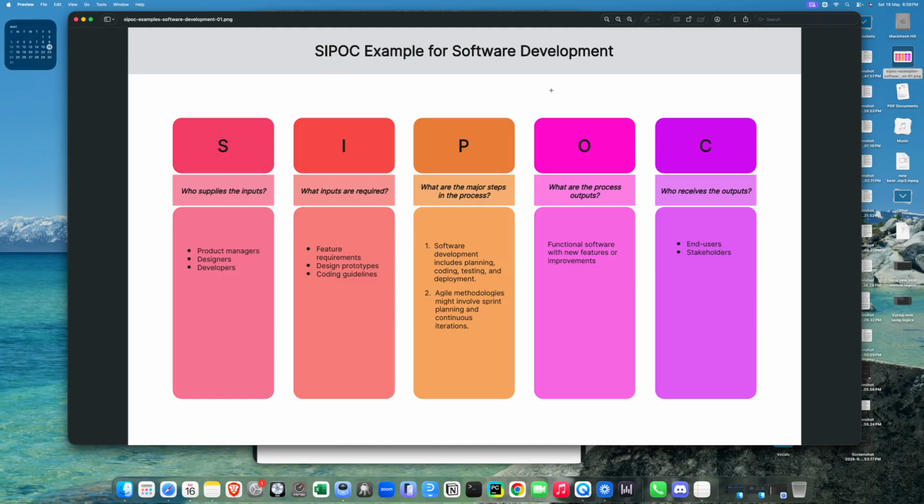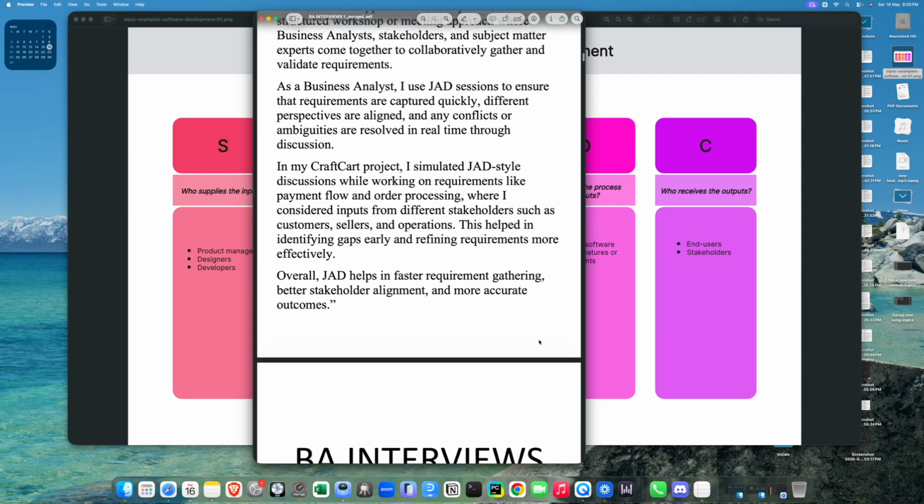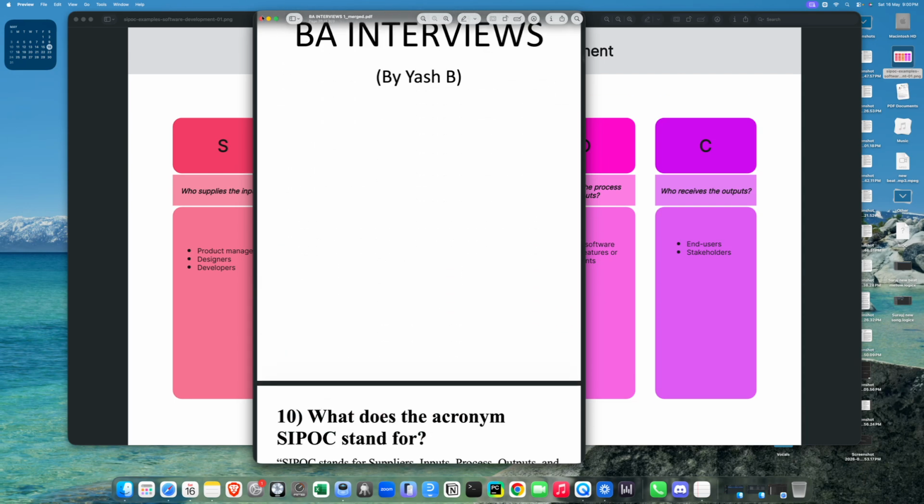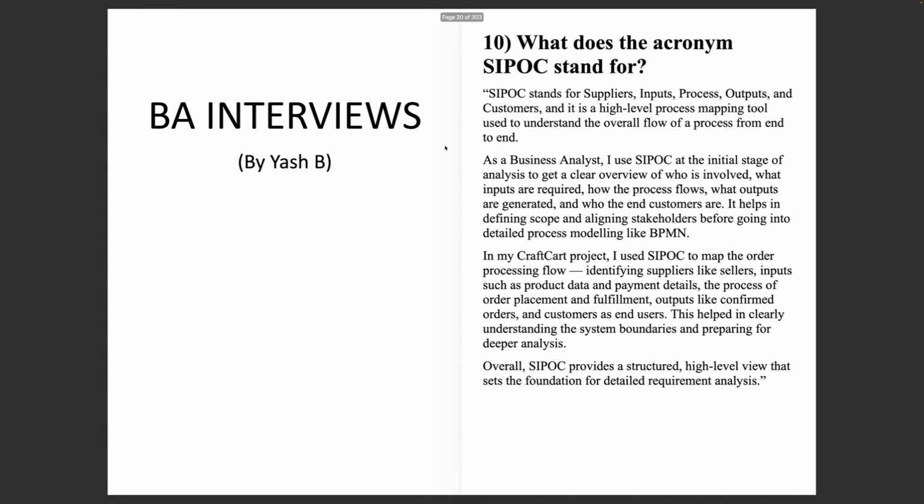So SIPOC gives a high-level view of business processes from supplier to customer. It also helps business analysts understand the complete flow of a process quickly. So it's a great process mapping tool before we move on to our BPMN diagrams. Do you remember BPMN diagrams?